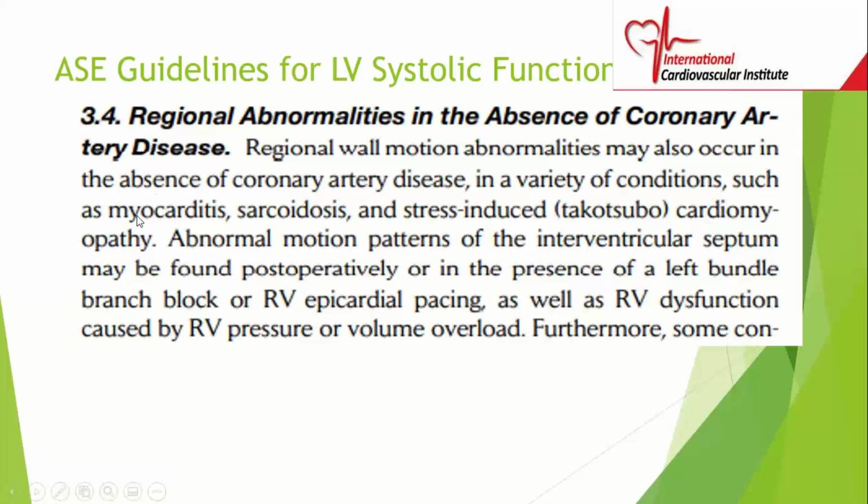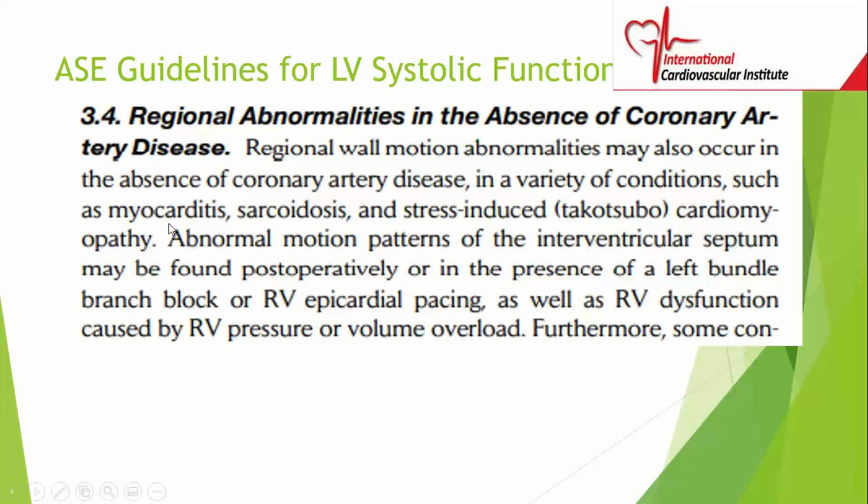If you have an inflammation from, say, a viral illness, myocarditis can give you regional wall motion abnormalities as well. Sarcoidosis is very common in causing regional wall motion abnormalities. And then stress-induced cardiomyopathy, the so-called Takotsubo cardiomyopathy.